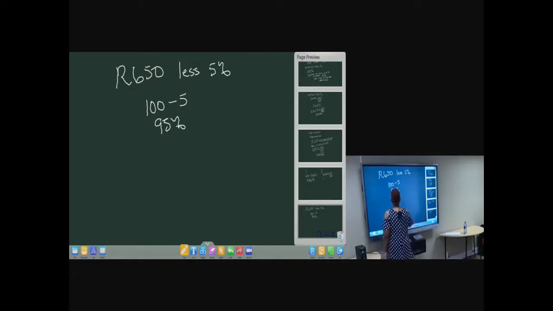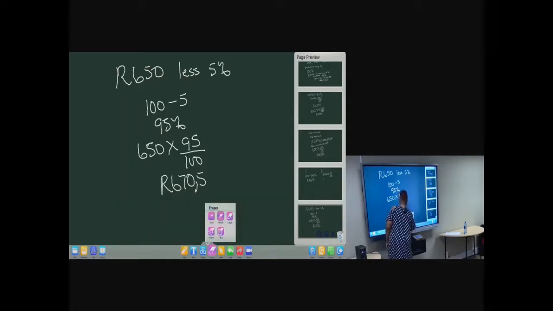Then you multiply the amount by 95 over 100, which is 95%, and you exactly get the answer, which will be 617,5.